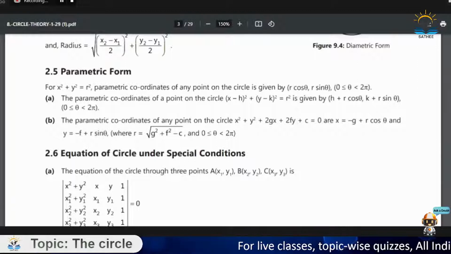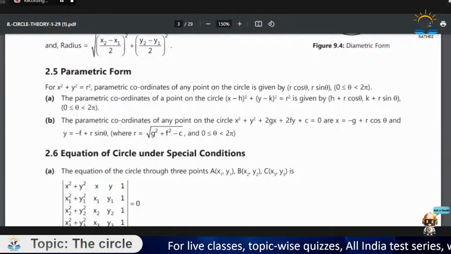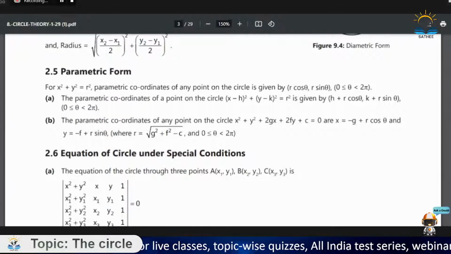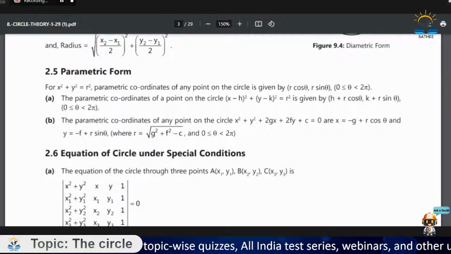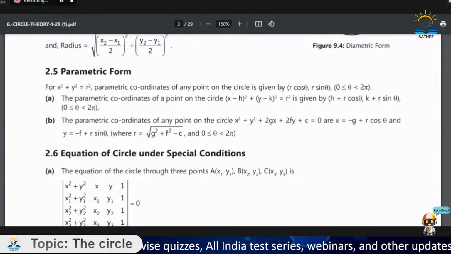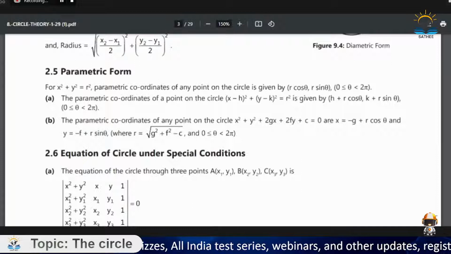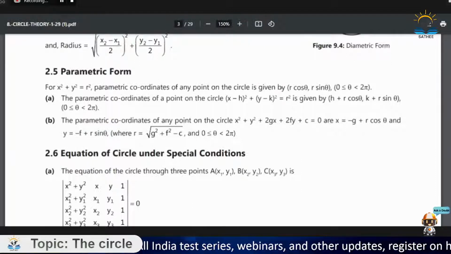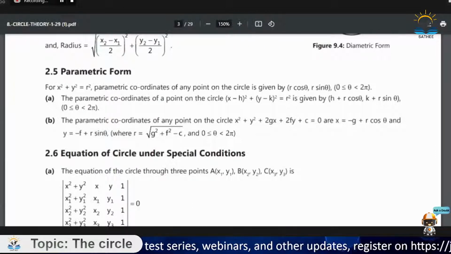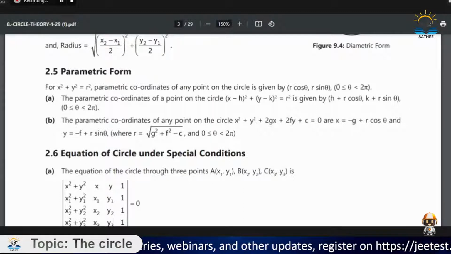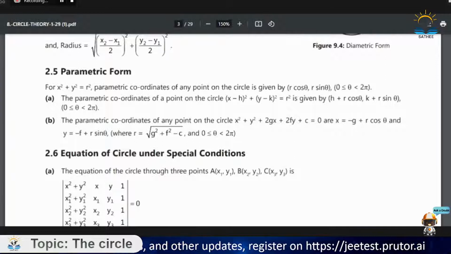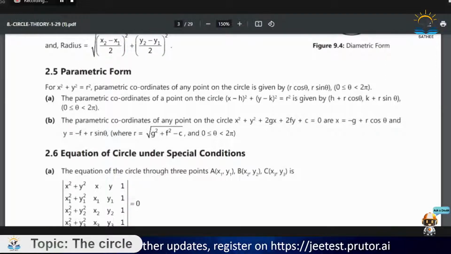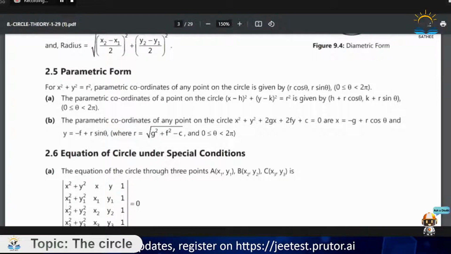What we will do is see (x minus h) as capital X and (y minus k) as capital Y, and we will replace capital X by r cos theta and capital Y by r sin theta. So we get small x as h plus r cos theta and small y as k plus r sin theta. So we get the parametric coordinates as (h plus r cos theta, k plus r sin theta).